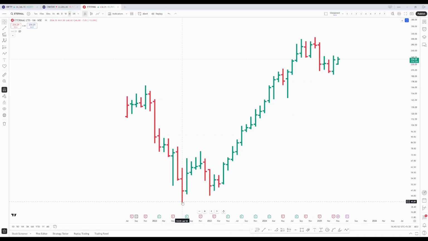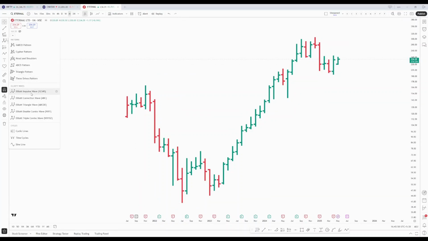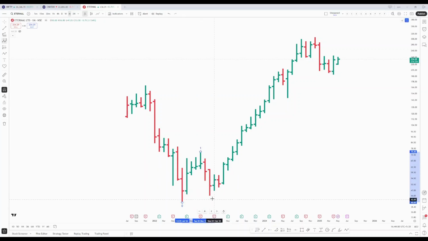We look for the most significant low or high when we are looking at a fresh chart. And here I can see quickly that this is 1 2 3 4 5. So within 3 I can see this is 1 2 3 4 5. So this is basically a very clean structure.